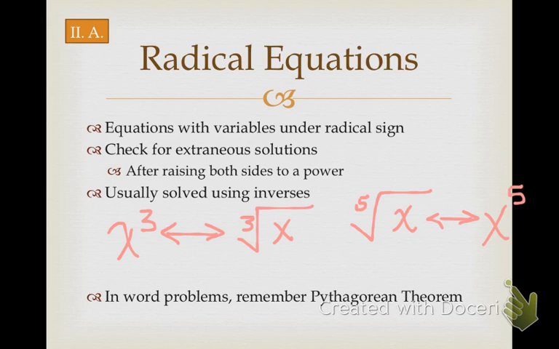Also, it might be helpful to remember that radicals can be rewritten as fractional exponents. Sometimes that's helpful when you have to put things into your calculator. You can use a little caret for that.